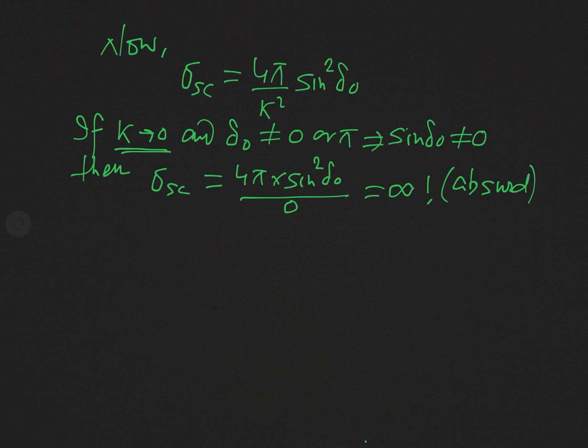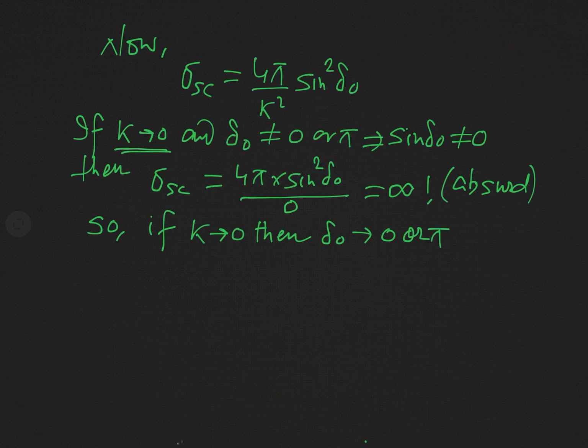It means the scattering will take place from anywhere. So this is completely unphysical, or you can say absurd. It means whenever k will tend to 0, definitely delta naught should be either 0 or pi. So we can say if k tends to 0, then delta naught will tend to 0 or pi.